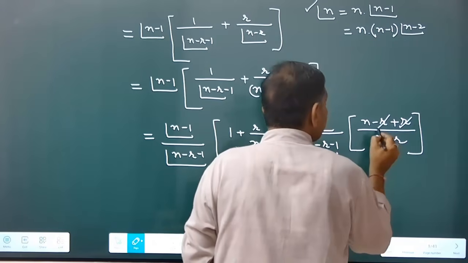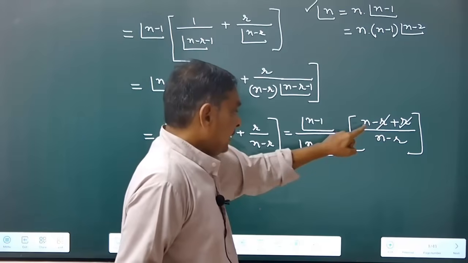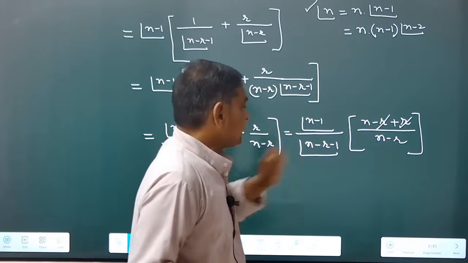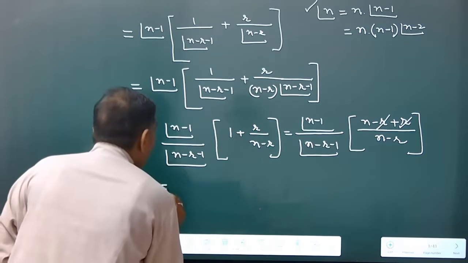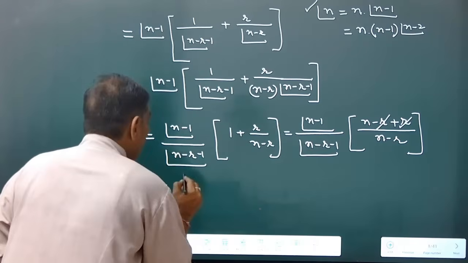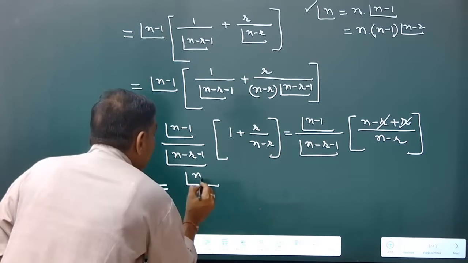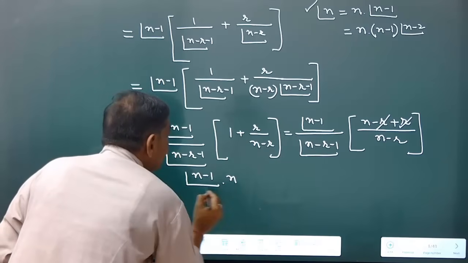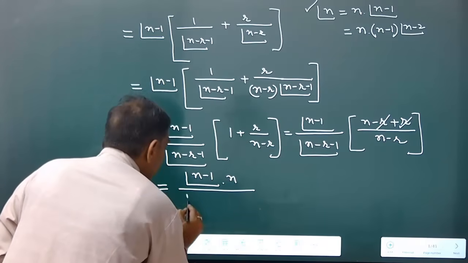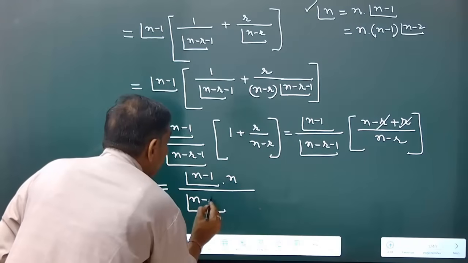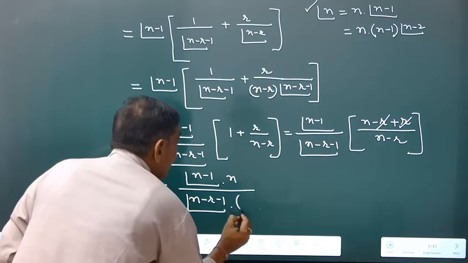R is cancelled. Now here n and here n minus r. So what ultimately we have obtained is factorial n minus 1 into n in the numerator. Denominator is n minus r minus 1 into n minus r.